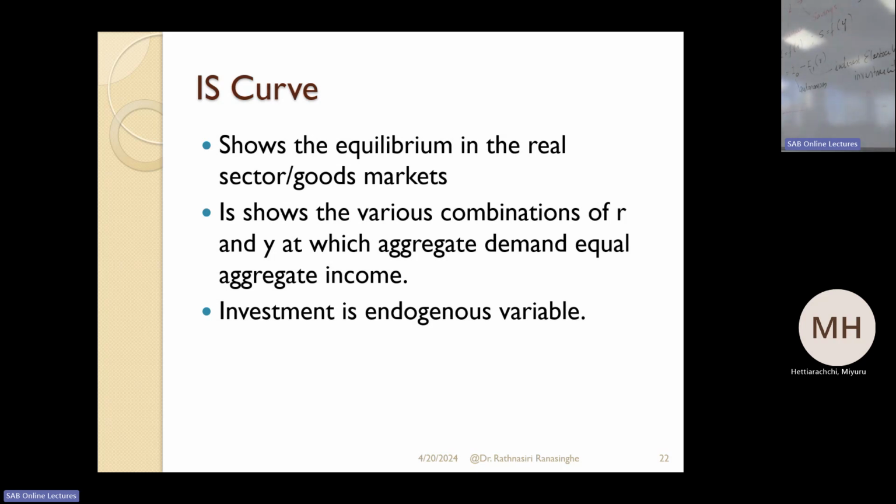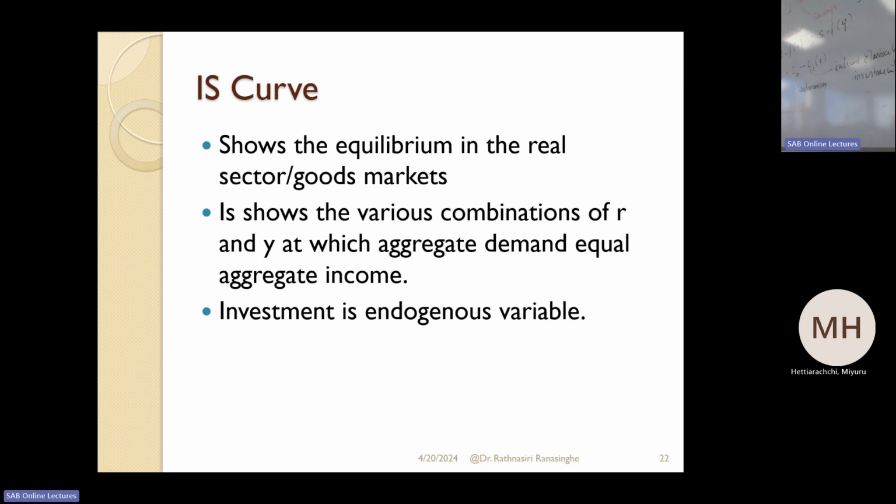So it shows the various combinations of the interest rate and the income at which the real sector is in equilibrium, the goods market equilibrium, where aggregate demand equals aggregate supply.